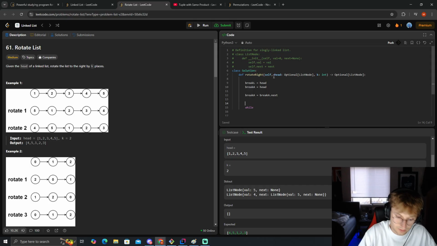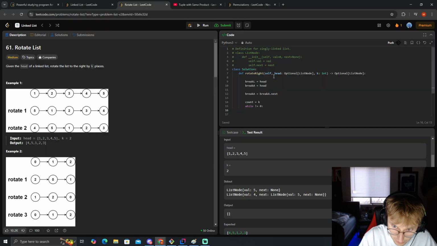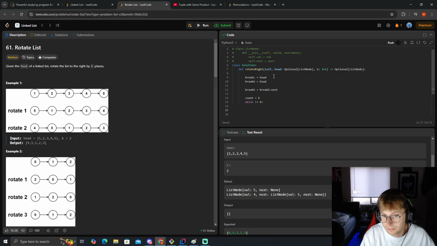While, make our count here. While count is equal to K. While K does not equal 0, we want to move it by 1, right? So we want to do a for loop.